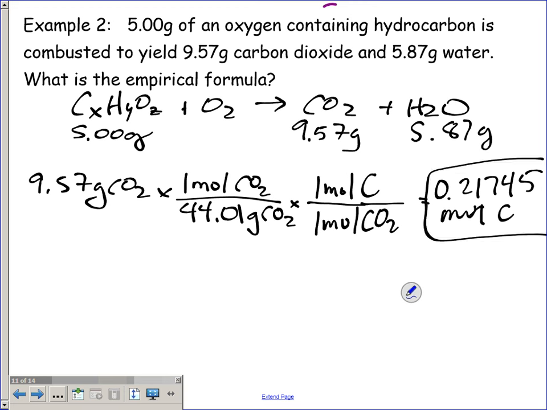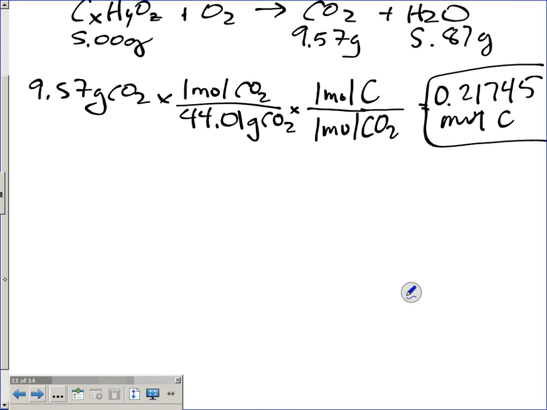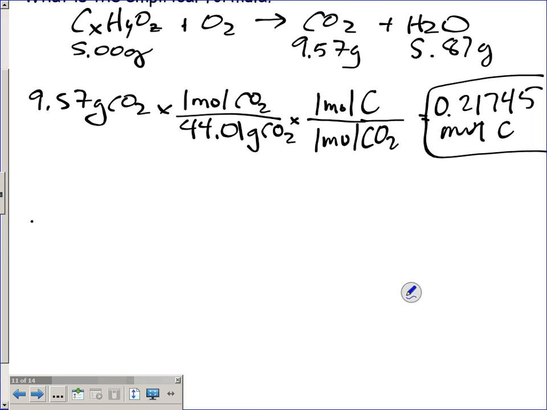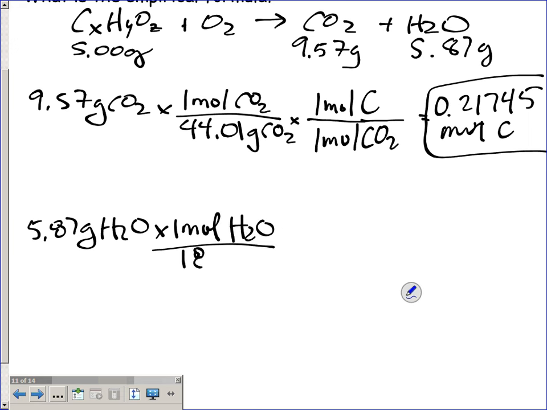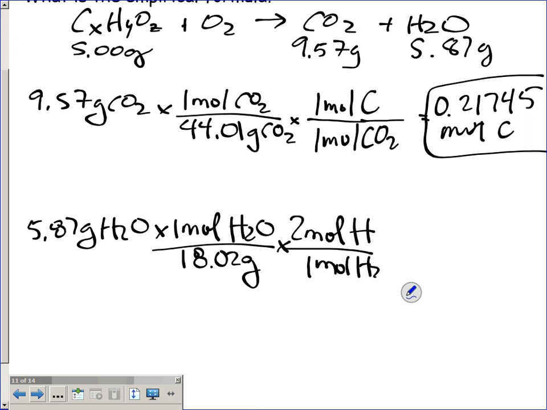All right, same story for our water. 5.87 grams of water. 1 mole of water is 18.02 grams. And then there's 2 moles of hydrogen in that single mole of water.